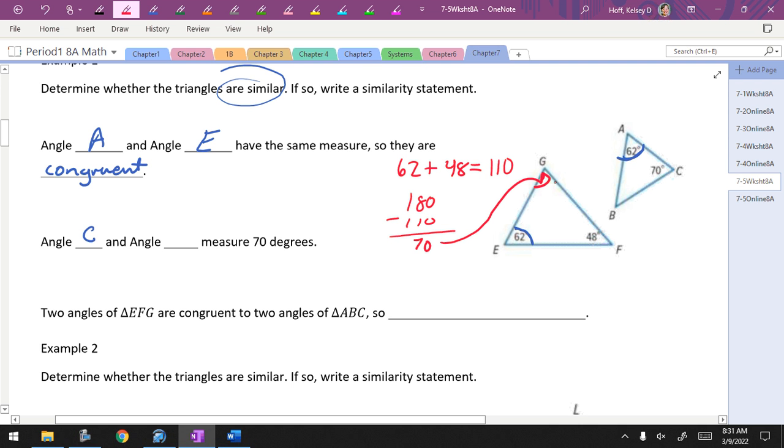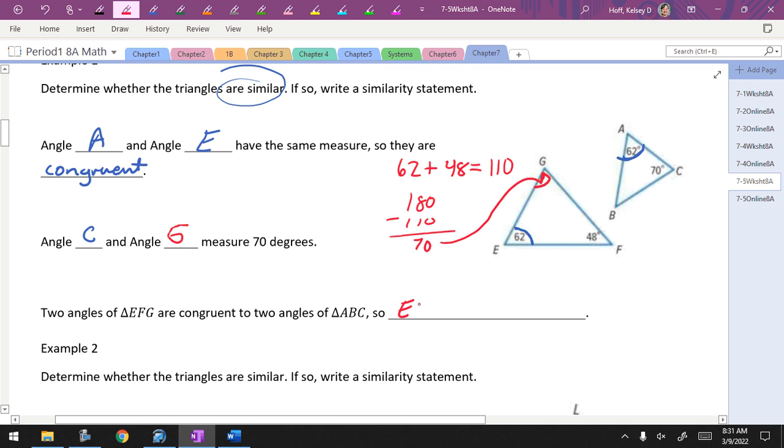That proves, you guys are absolutely right, that C and G are 70 degrees. Now, because I have a 62 and a 62, and a 70 and a 70, now, Courtney and Haley, you're absolutely right. And Liana, as you're rotating that, we would know angle B is how many degrees? 48. So two angles of EFG are congruent to two angles of ABC.